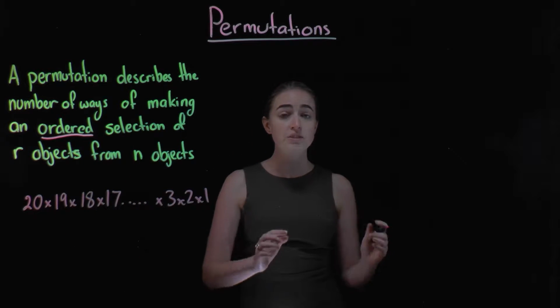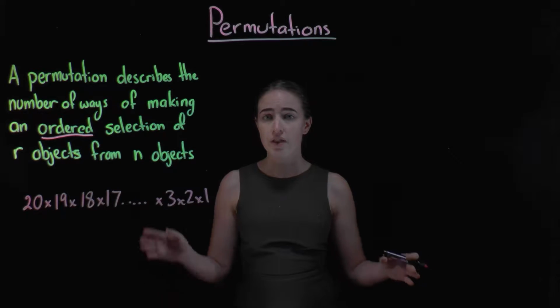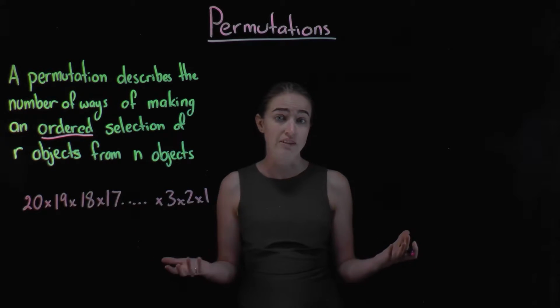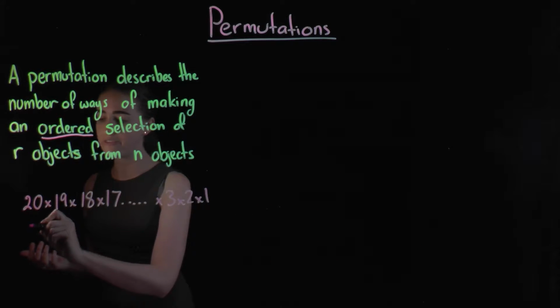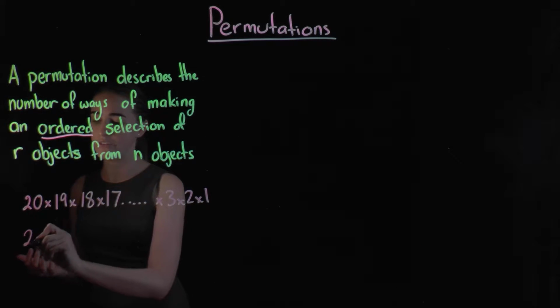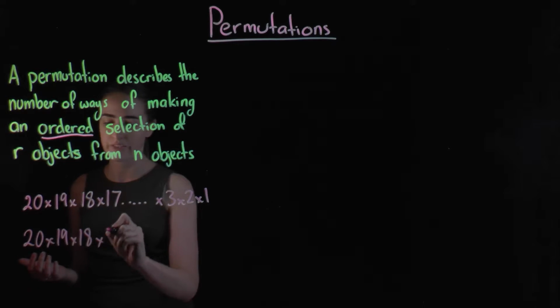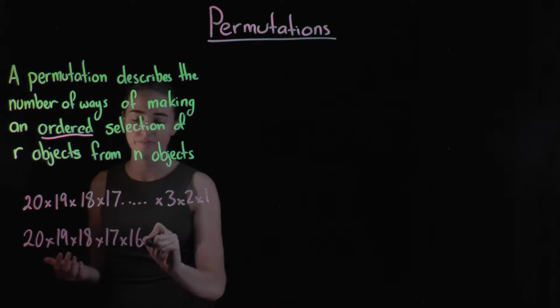So that's the number of ways we could arrange all 20 of them. But we don't want to do all 20 of them. We only want to arrange, say, 5 of them. So we would only have the first 5 of those numbers. So we'd have 20 times 19 times 18 times 17 times 16.